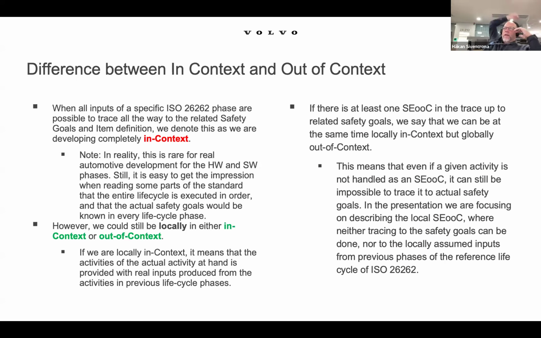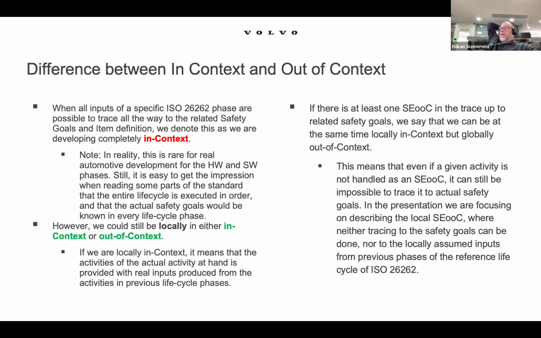I would like to spend a little time on this, when we speak about in context and out of context. Of course, if we develop something with a clear requirement from the OEMs, these are the requirements, please fulfill exactly this, then we are in context, but that's really rare.